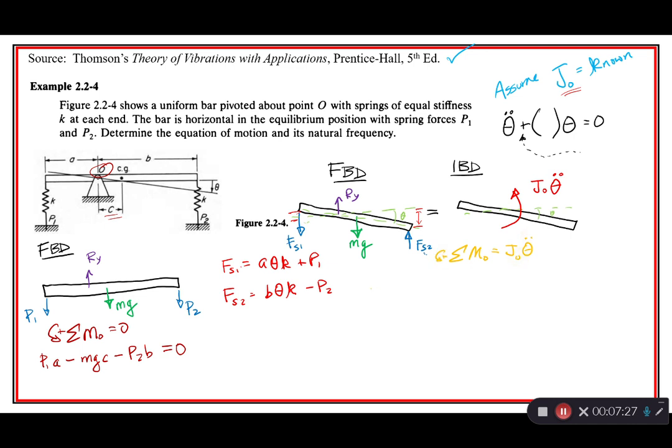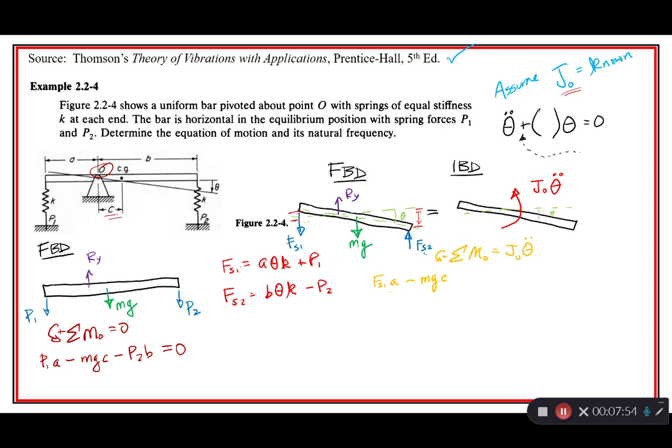Counterclockwise is positive, and then I wrote that FS1 times A, okay, so I'm just trying to separate that out a little bit more. FS1 times A minus mg times c, because the FS1 is going counterclockwise, so it's positive.